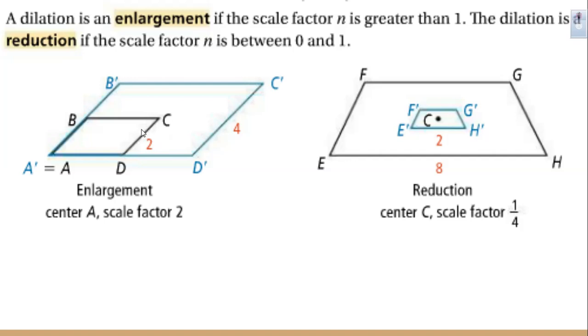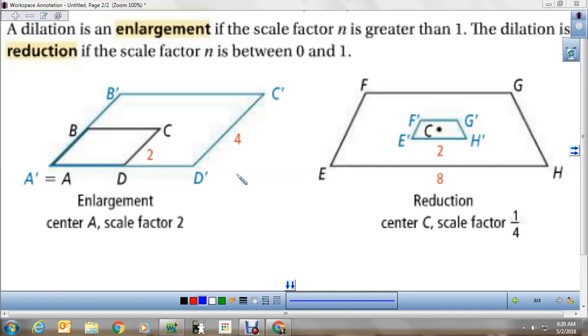So if you look at our figure here, we can take two corresponding sides, and we see that A, B, C, D is our pre-image, and A prime, B prime, C prime, D prime is our image. So we take the numbers here. Remember, to find the scale factor, it is the image, which is the 4, over the pre-image, which is 2, which gives us a scale factor of 2.